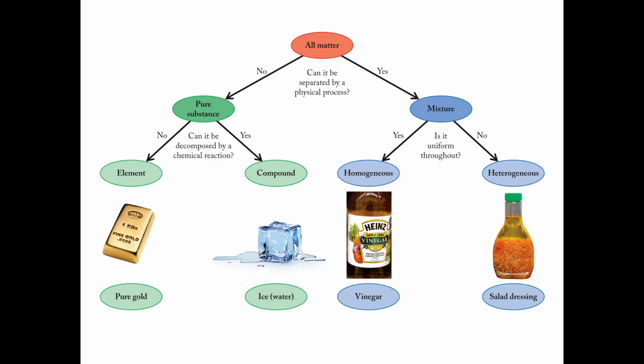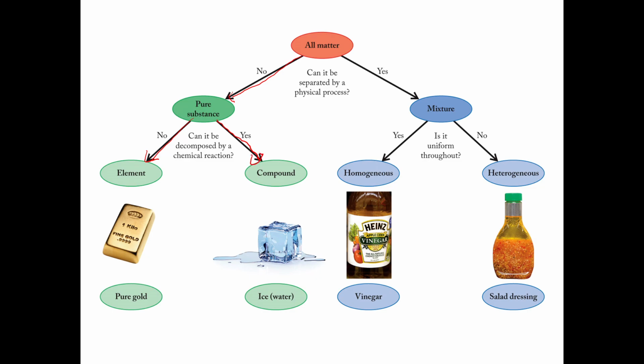So we can break matter down into distinct categories. If it can't be separated by a physical process, we know that that's a pure substance. Pure substances can further be divided into elements if they can't be broken down by a chemical reaction, or compounds if they can be broken down by a chemical reaction.